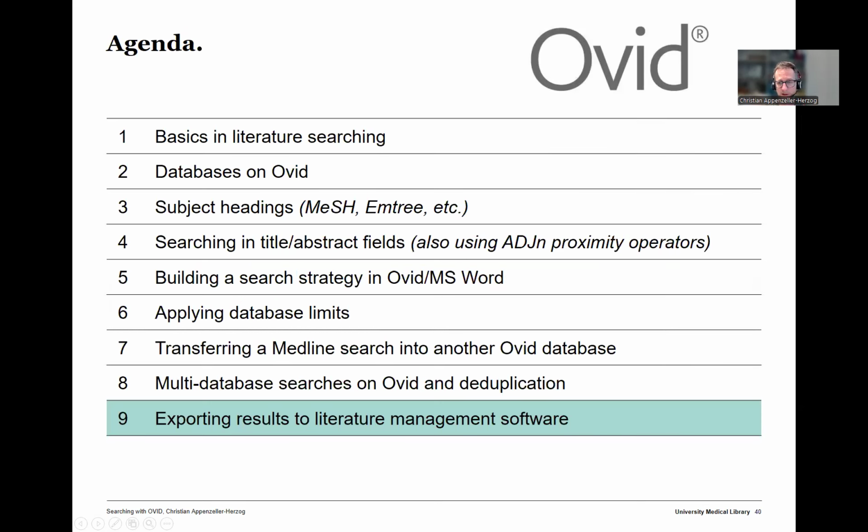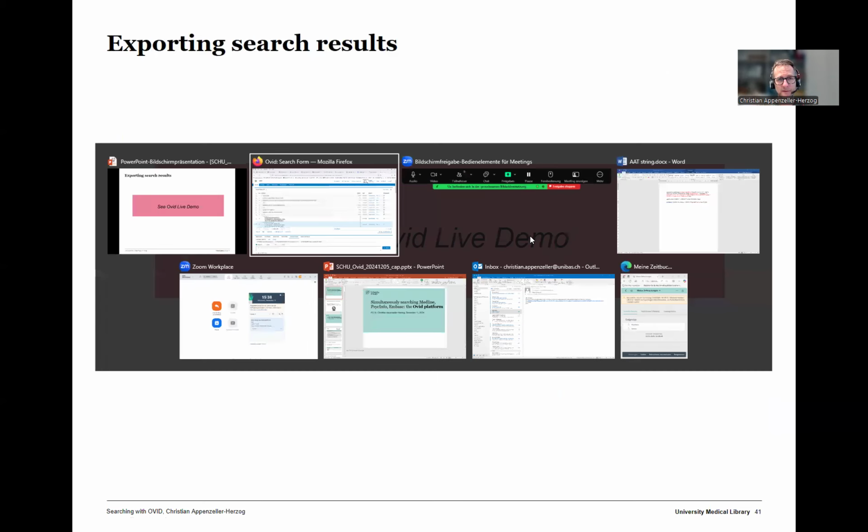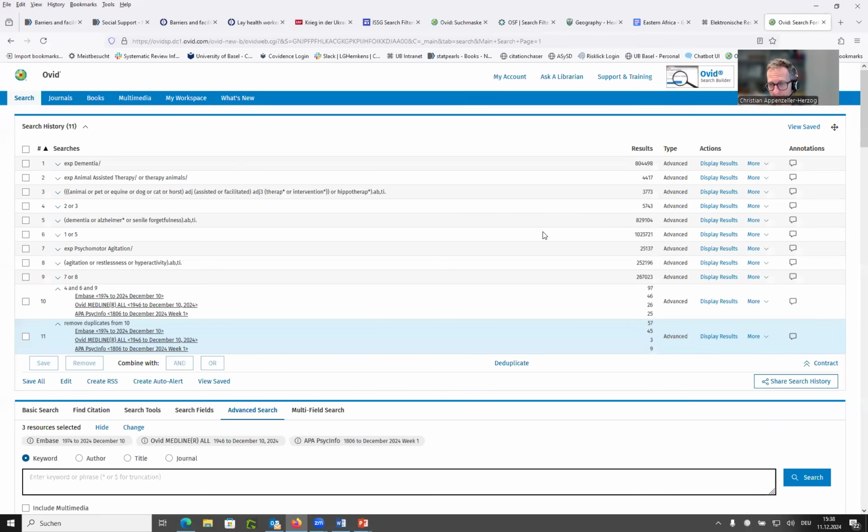Okay. And with this, I would like to show you how to export the results to literature management software. And in this case, we are basically interested in this search number 11, so in the deduplicated search and in these 57 hits.